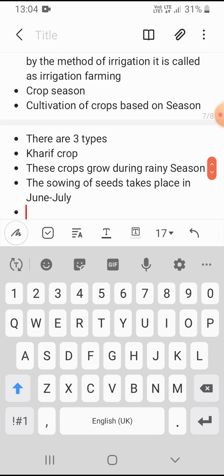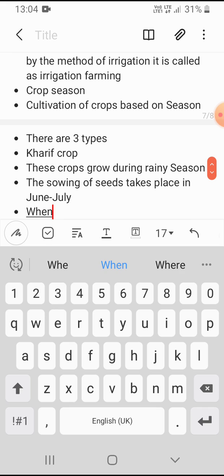Afterwards, the southwest monsoon comes. Southwest monsoon, as you learned in your rain chapter, means the rain that comes from south to west.